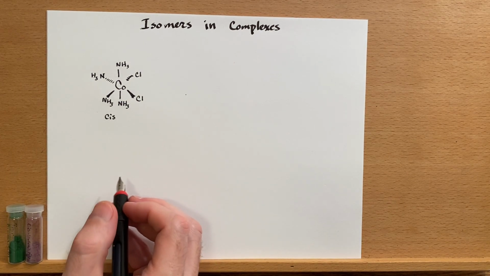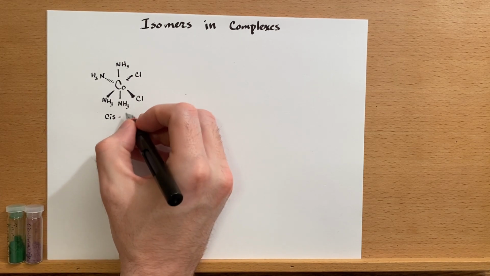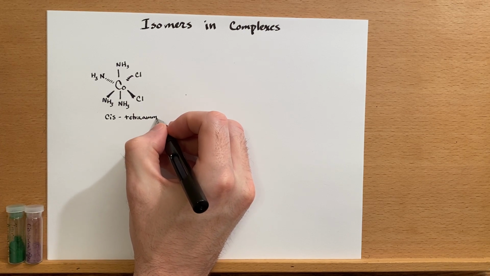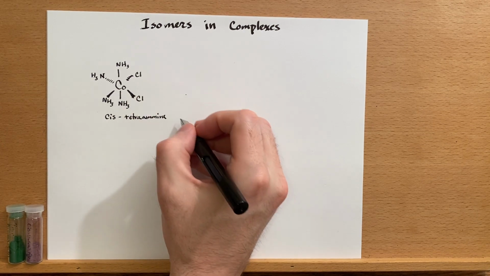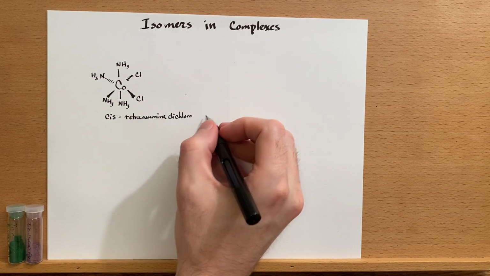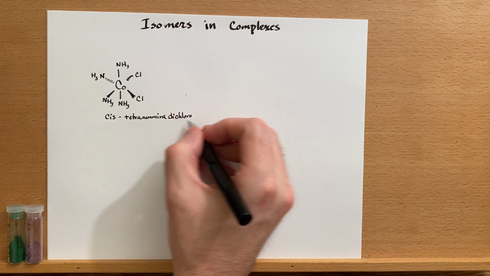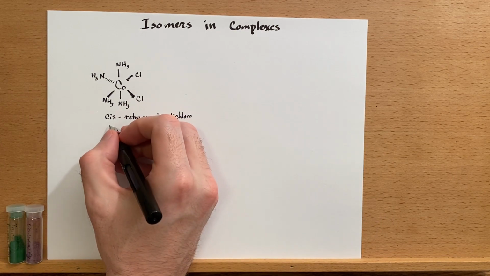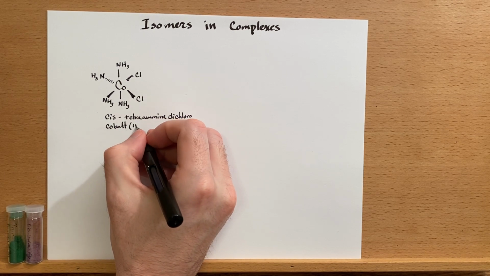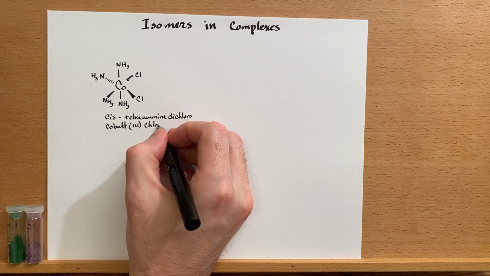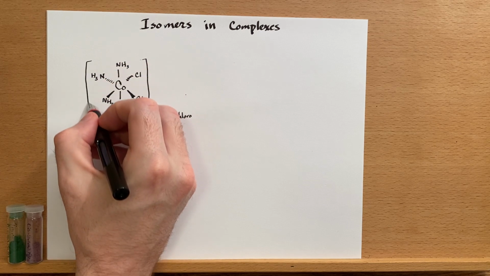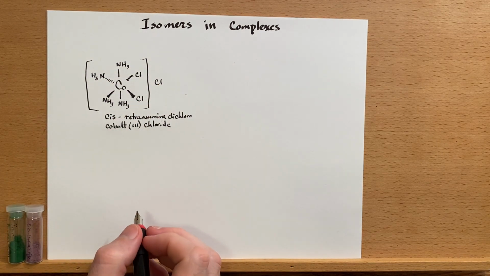So in naming this, we would just say cis tetraamine dichloro cobalt. I'm going to run out of space over here, so I'm just going to write it down here. Because this whole thing actually has chloride on the outside of it.